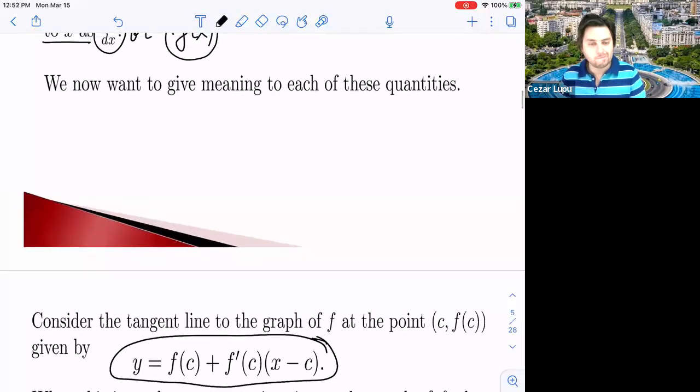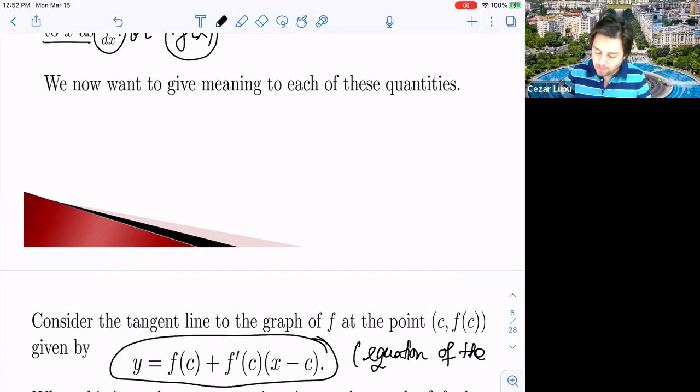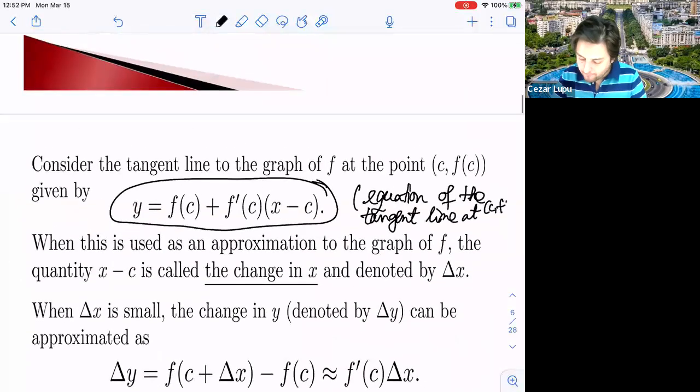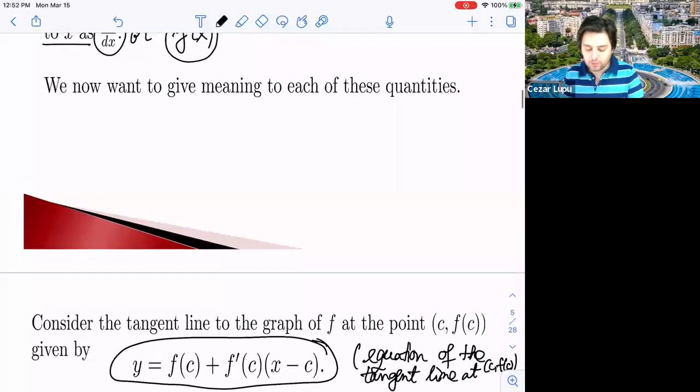So that's the equation of the tangent line at the point c, f of c. So that's what you need to know.